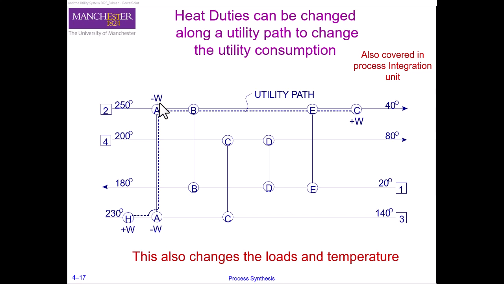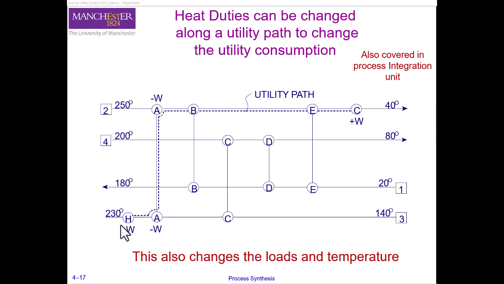as well, that is minus W, and by doing that we have created an imbalance of energy for stream 2, and the only way to correct for this imbalance is to increase the heat duty of this cold utility by W. So again, what we have done is increase the hot utility by W and the cold utility by W, while we have reduced the duty of this exchanger A by W as well.